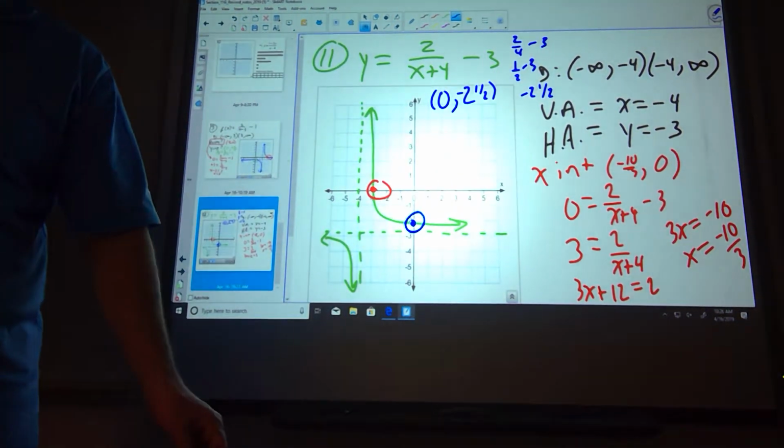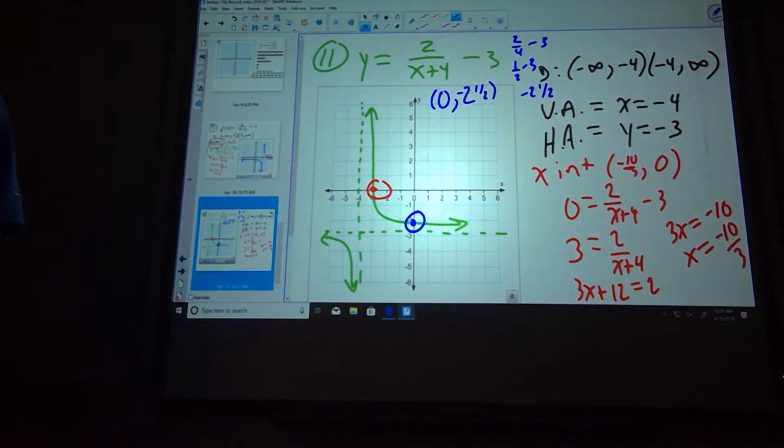All right, and then let's look at the last page. 13, 15, 17, 19. Any of those you'd like to look at? I've got to figure out what 13, 15, and 17 mean. I really don't know what they're asking for.